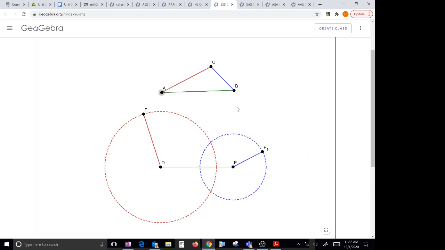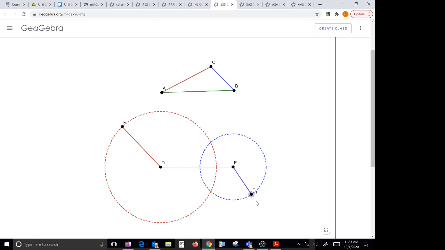Now when I actually try and connect these, you'll notice that they're going to connect right where these arcs overlap. When I do that, I get an exact match of my original triangle, no matter what. In fact, even if I connect down here at this other intersection point, I'm still going to get an exact copy of my original triangle, just a mirrored reflection of that.